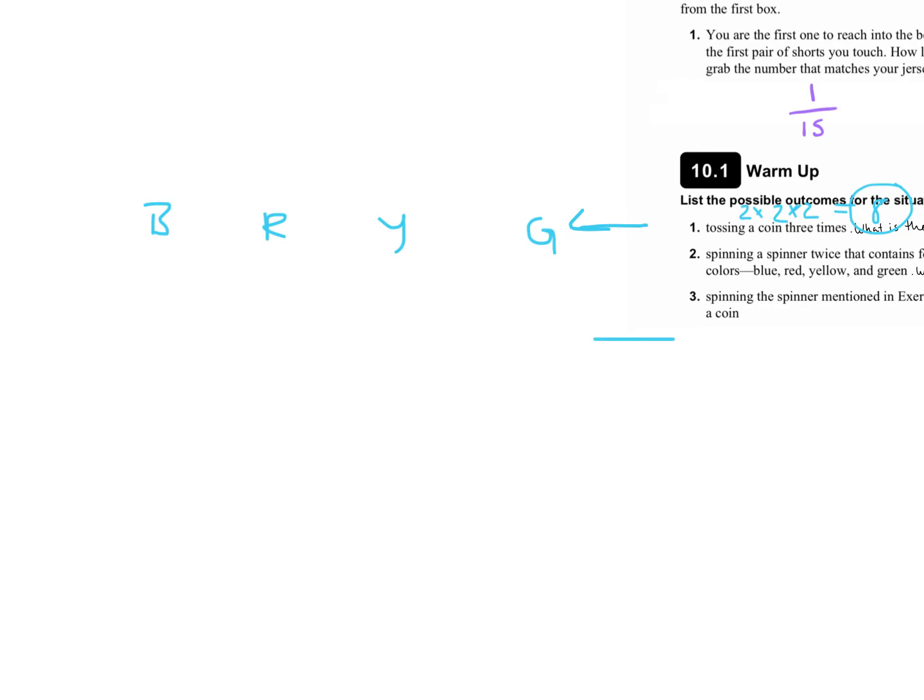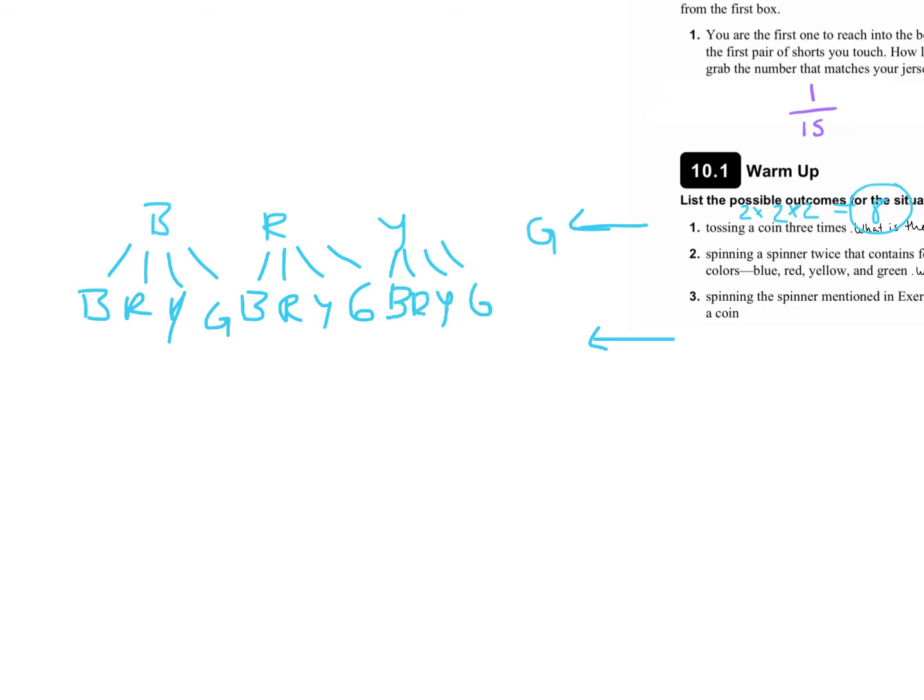We can have another spin here just by drawing our tree. So the next spin, if we did blue the first time, would be blue, red, yellow, green. If we landed on red the first time, our next spin could be blue, red, yellow, green. If we landed on yellow the first time, our next spin could be blue, red, yellow, green. And then if we did green the first time, blue, red, yellow, green.